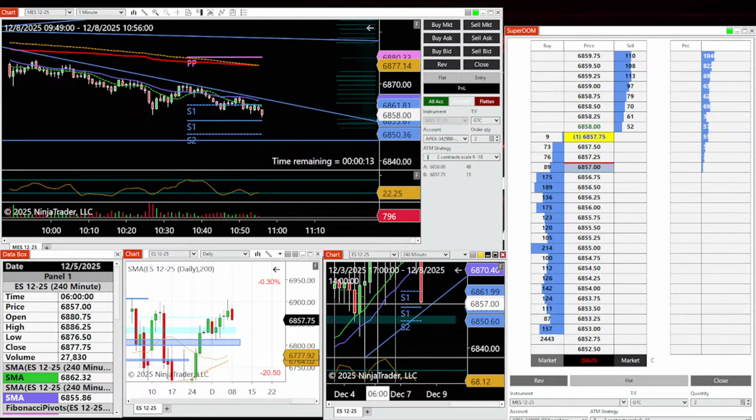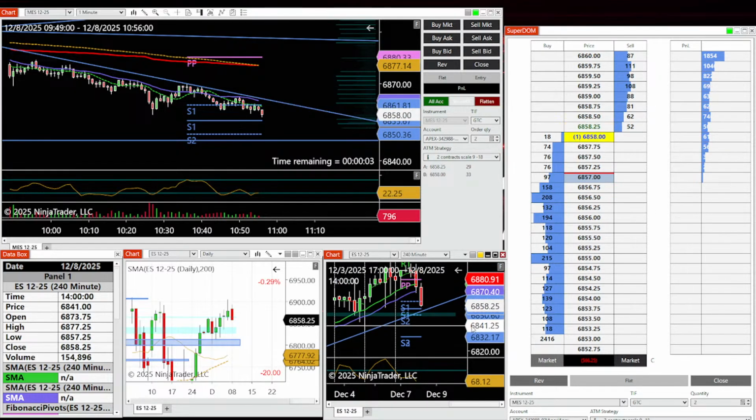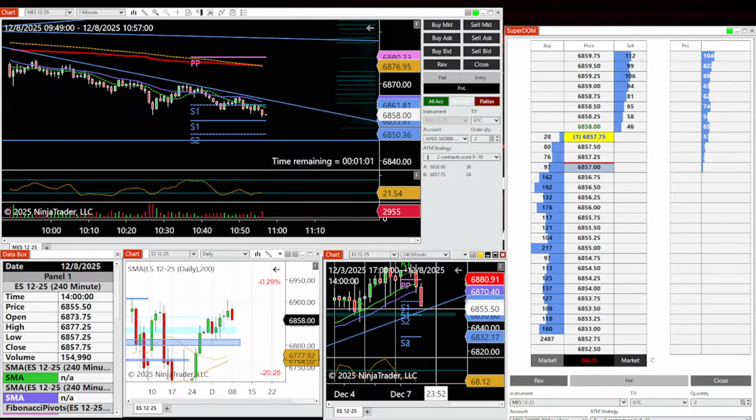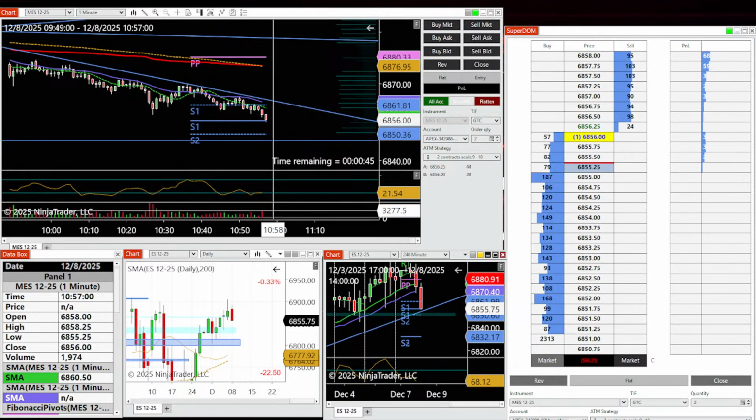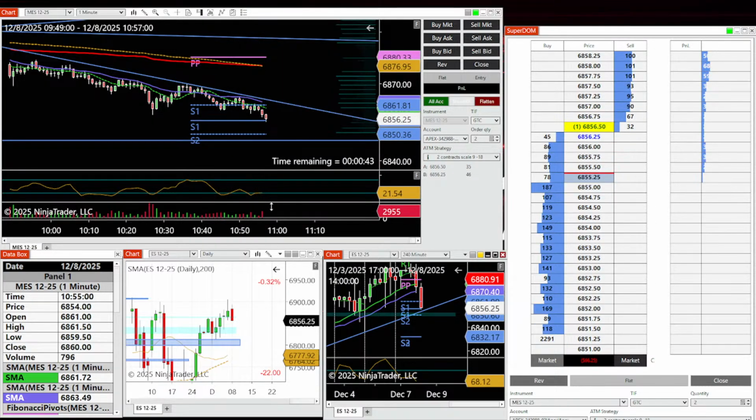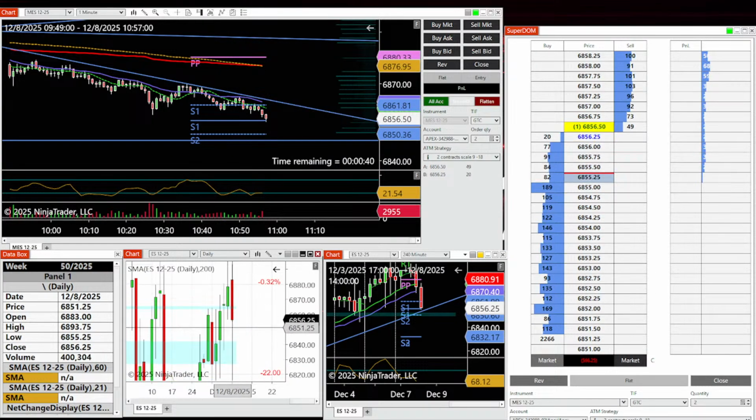All down here. 56.75. Okay, so it's breaking the lows. It came and got below 56.75.